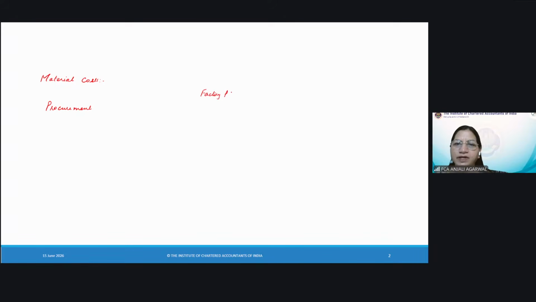So whenever the factory floor or the production department requires raw material, it will make a request to the stores department where the raw material is stored.